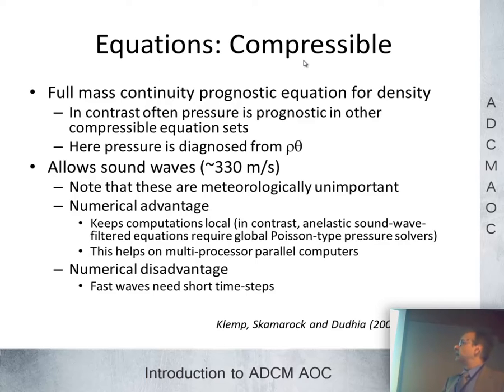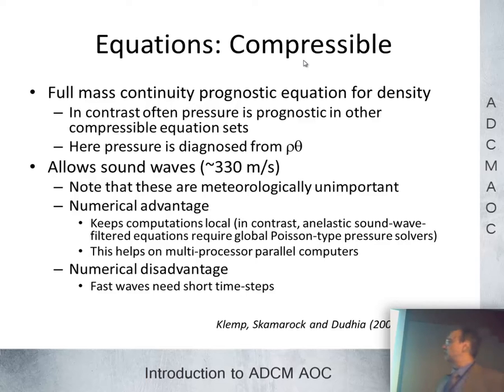So it being compressible means you allow sound waves which have speeds of about 330 meters a second. These are meteorologically unimportant sound waves. They're just there because they have some numerical advantages of solving them. The numerical advantage is it keeps the computations local, in contrast to inelastic sound wave filtered equations that require a global Poisson type pressure solver.